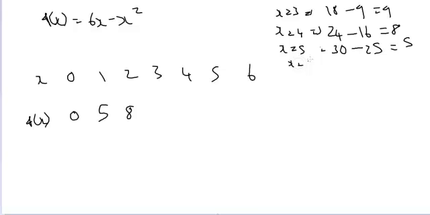And when x is equal to 6, we're going to get 6 times 6 is 36 minus x squared, which is going to be 36, so that's equal to 0. So now I'll plug these into the table. So when x is equal to 3, we get 9. When x is equal to 4, we get f of x equal to 8. When x is equal to 5, we get f of x is equal to 5. When x is equal to 6, we get 0.